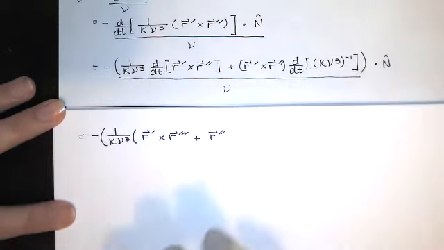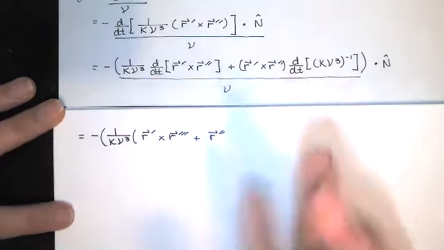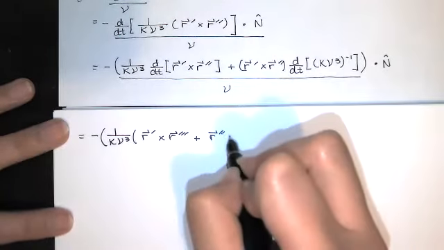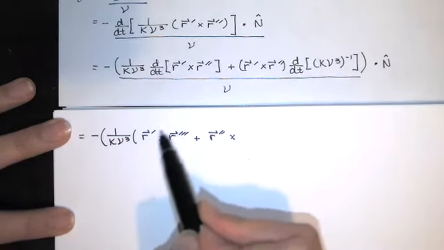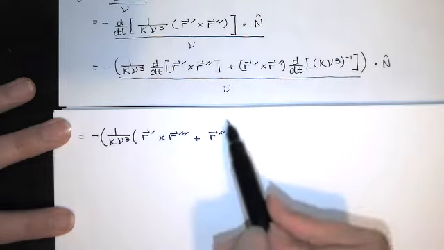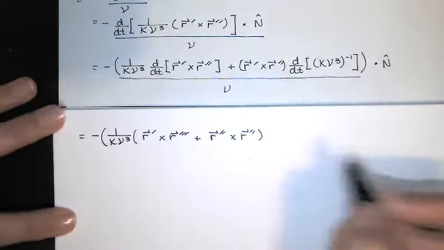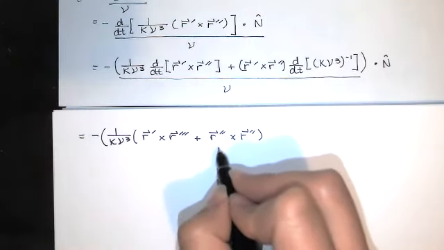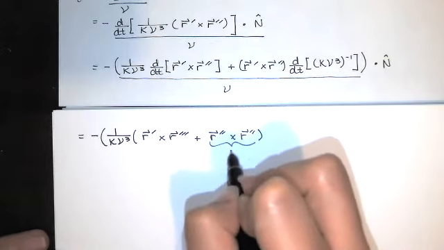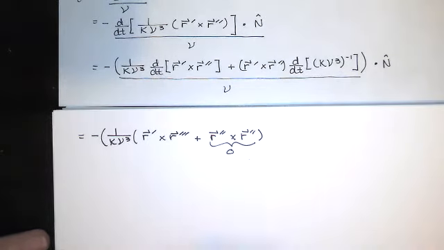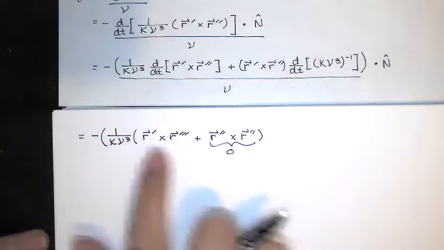We have to be careful about the order whenever we're applying the product rule in cross products, because we know changing the order changes things. But what we do is the first times the derivative of the second plus the derivative of the first times the second. And R double prime crossed with R double prime is 0, because of course those are the same vector, so they're parallel, and their cross product is 0. So we've got that there.